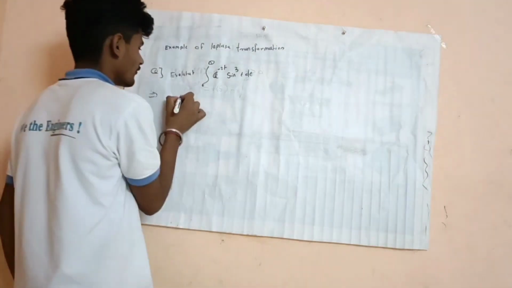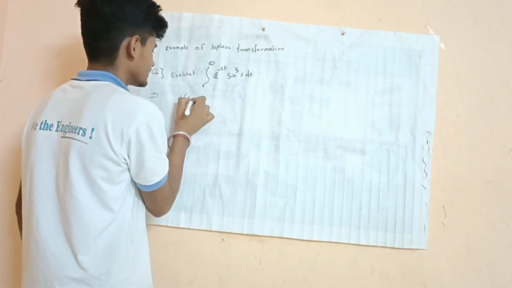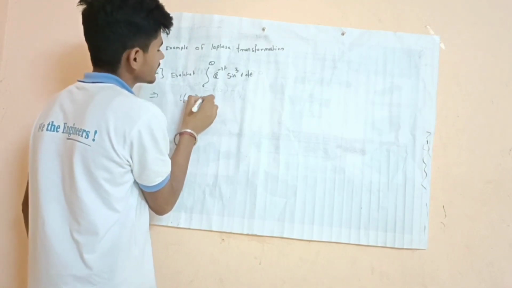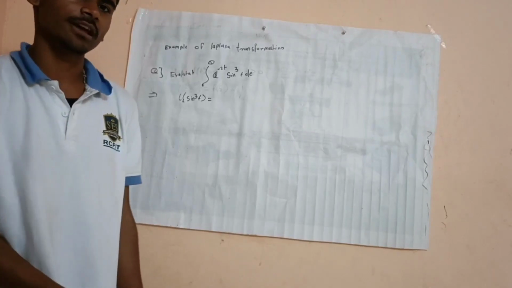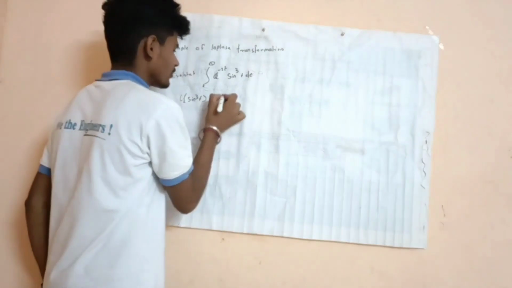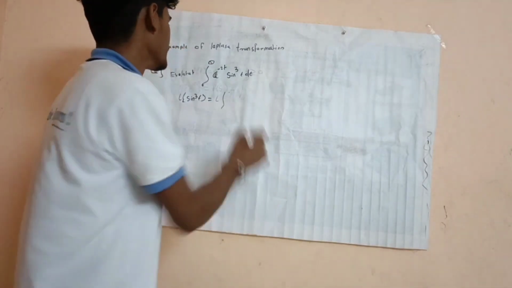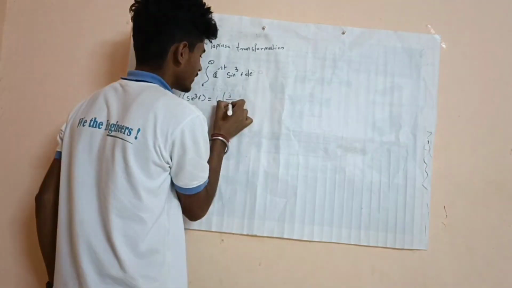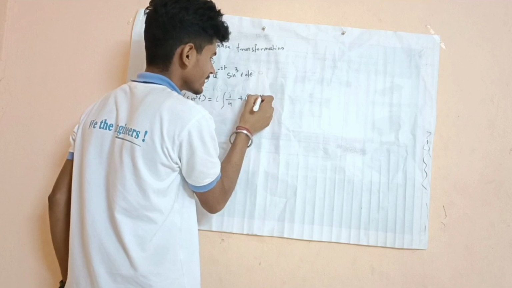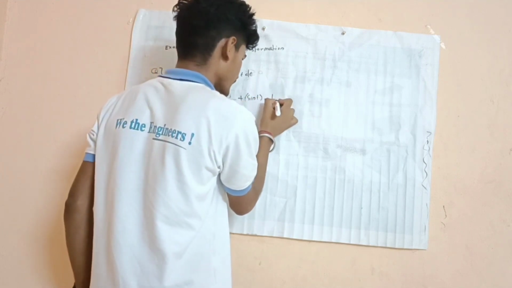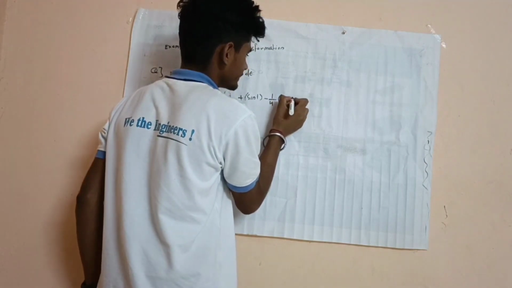So Laplace of sin cube t is equal to, putting the value in this formula, Laplace of 3 by 4 sin t minus 1 by 4 sin 3t.